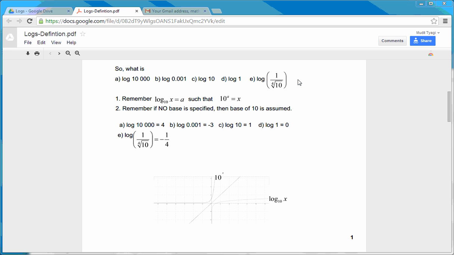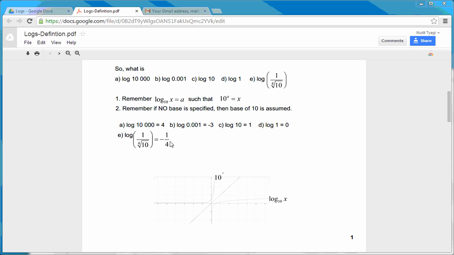And as soon as you realize that, we can immediately answer the question, what is the power by which 10 must be raised in order for us to get 10 to the power of negative 1 over 4? Well, it should be raised to negative 1 over 4. So log of 1 over the 4th power of 10 is equal to negative 1 over 4.